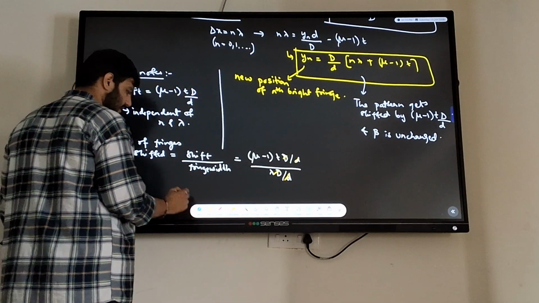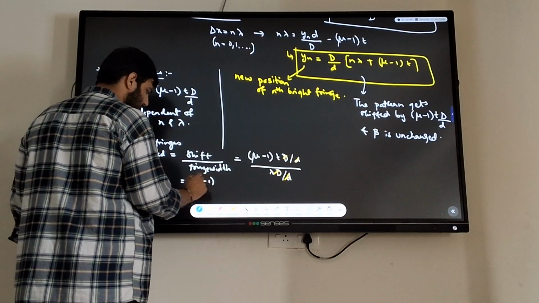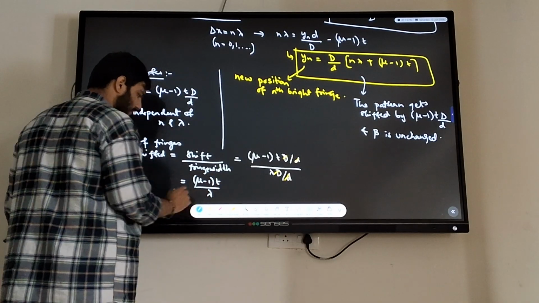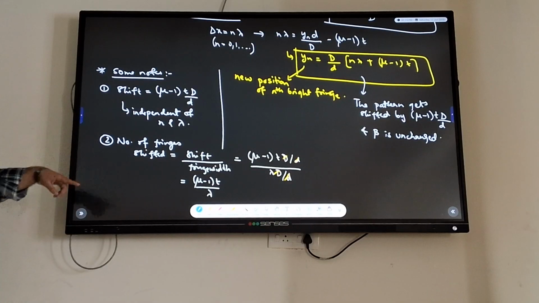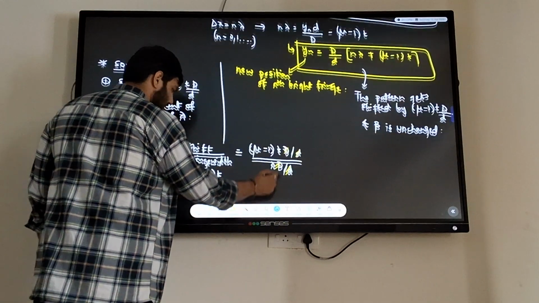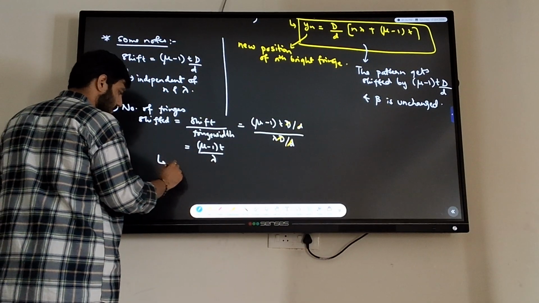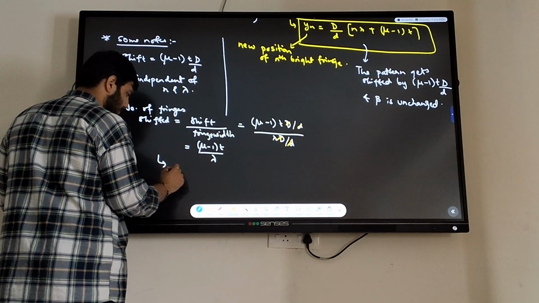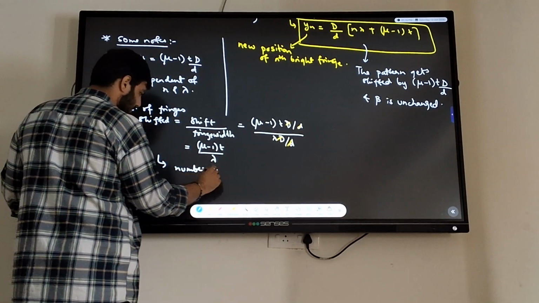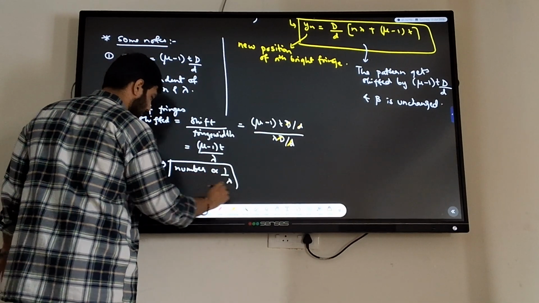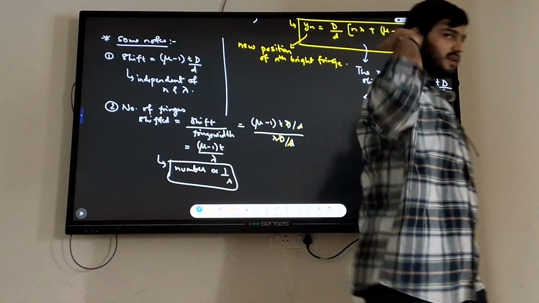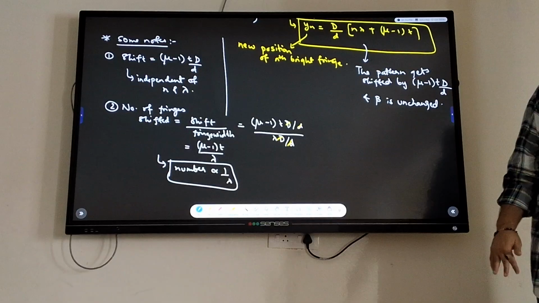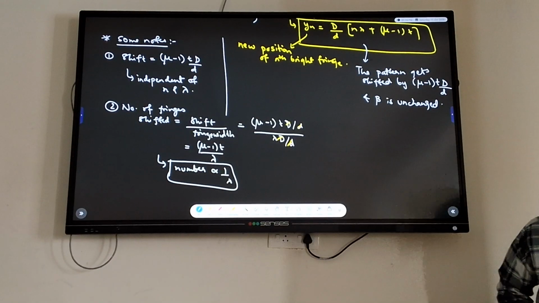And at the end you are getting (mu minus 1) t divided by lambda. That means the number of fringes shifted is inversely proportional to lambda. I will try to justify the second point next time. Not today.